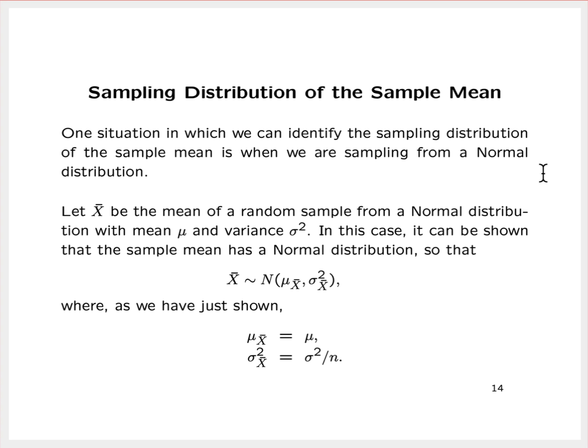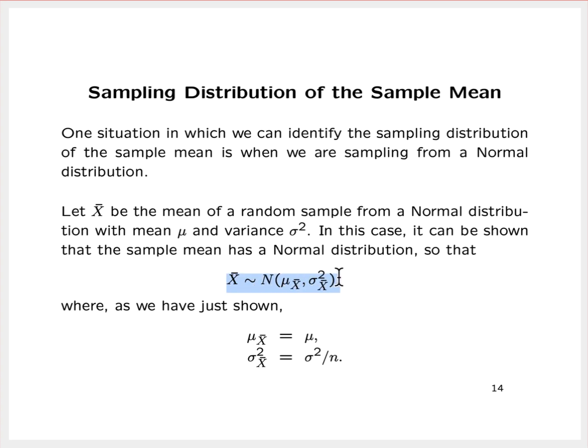So suppose that x1 through xn are a random sample from a normal distribution with mean mu and variance sigma squared, and let x bar be the mean of that sample. Then in that case, it can be shown that the sample mean also has a normal distribution.